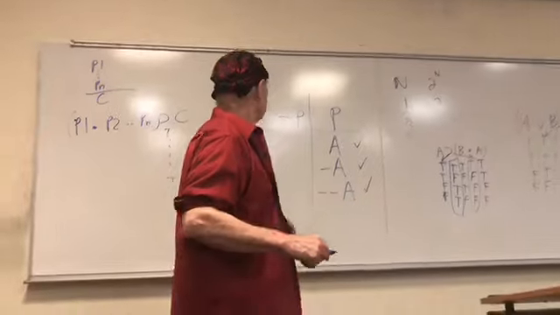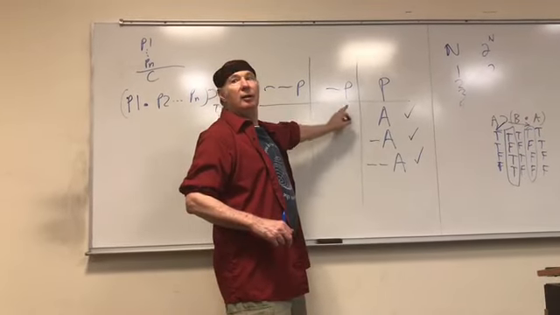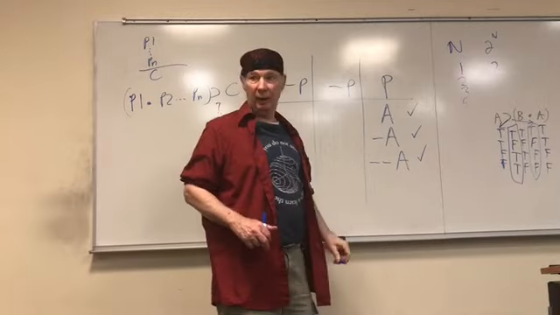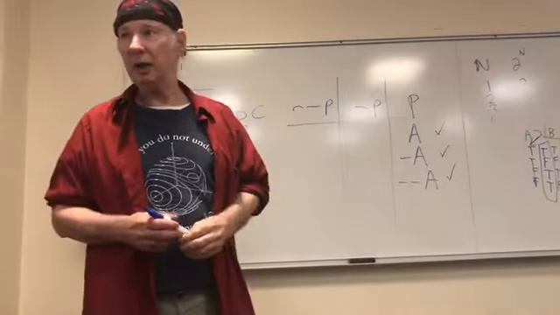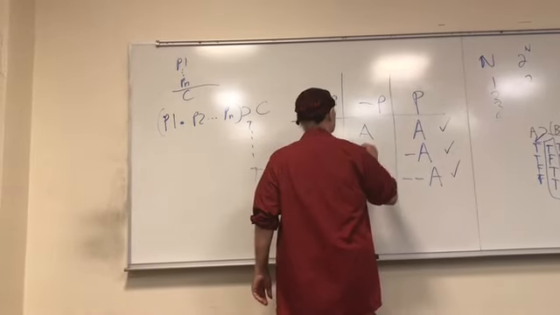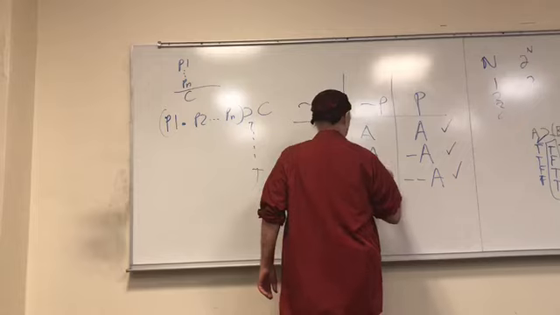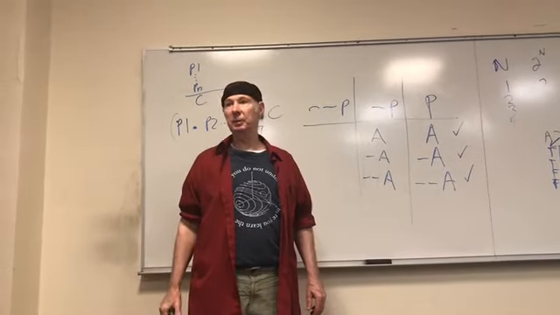As we impose structure, fewer wffs will have that shape. Is A a substitution instance of squiggle P?